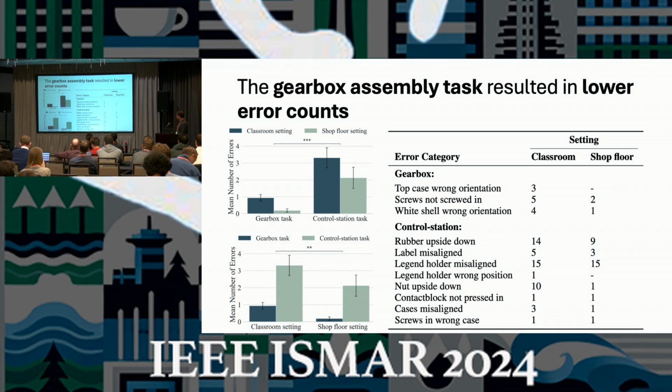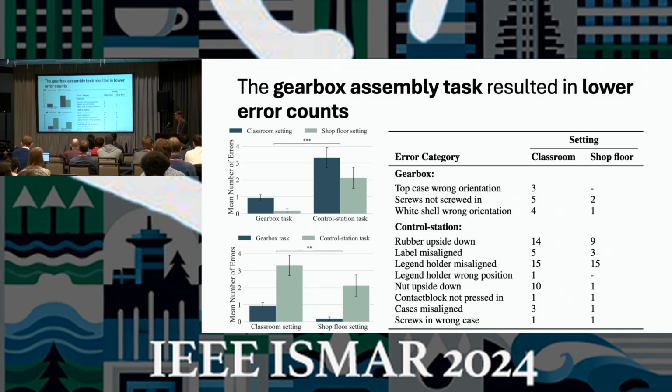If we look at the error counts, we can see that for the control station assembly task, there were a lot of errors going on. What's interesting with some of these errors is that they are basically reversal errors. We sort of get things upside down or in the wrong direction. I will talk more about that in terms of implications, trying to explain why this happened in the control station task, and why it happened more in the classroom than in the manufacturing environment, which is really perplexing if you think about it.